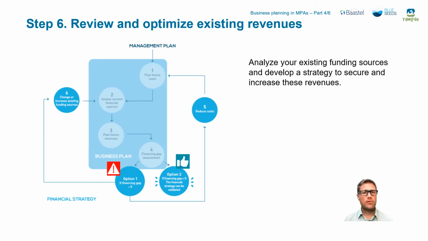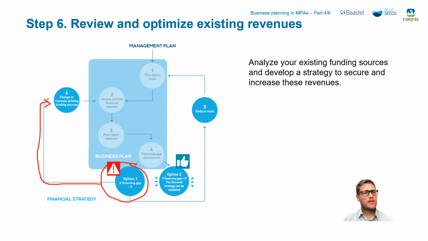However, even after you've tried to reduce your costs, even after you've optimized your human resources and rethought your investments, for example, well, your financing gap might still be positive. Now, in this case, before you start searching for new revenues, you might want to consider analyzing your existing funding sources and try to develop a strategy to secure and increase these streams of revenues which you already have.